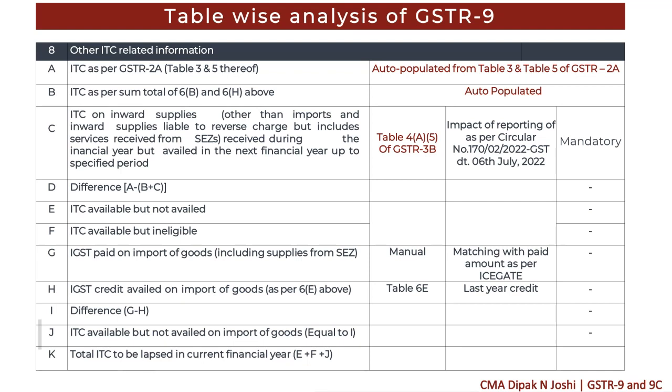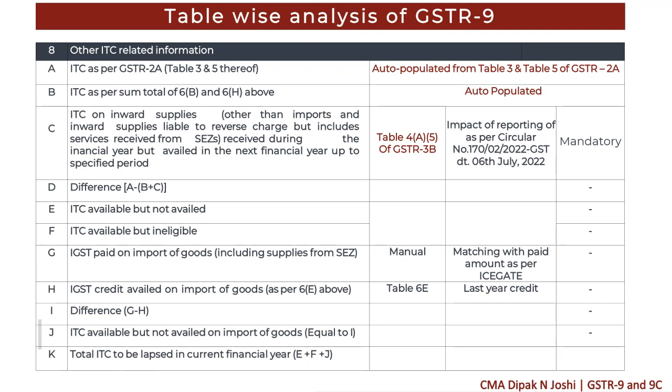And that is why, while filing GSTR 9, I would urge you to prepare one separate reconciliation statement and attach that reconciliation statement to your GSTR 9C. There is a facility in GSTR 9C to attach additional documents.